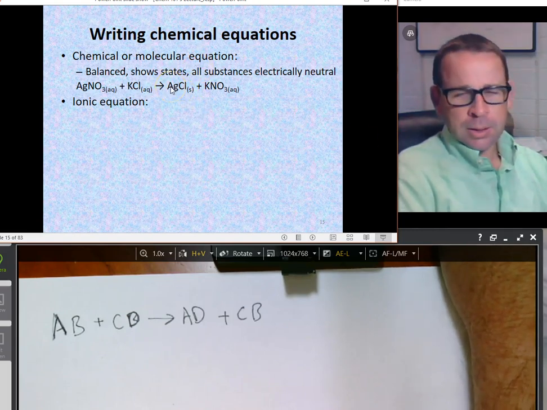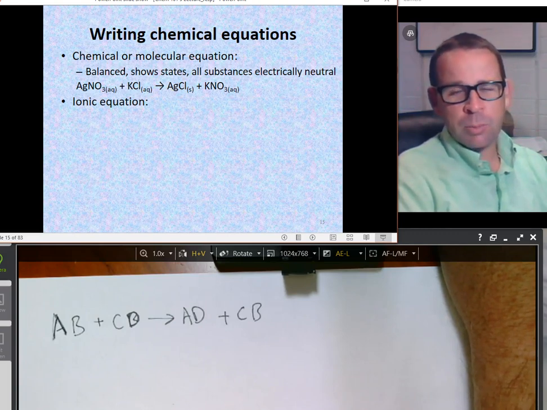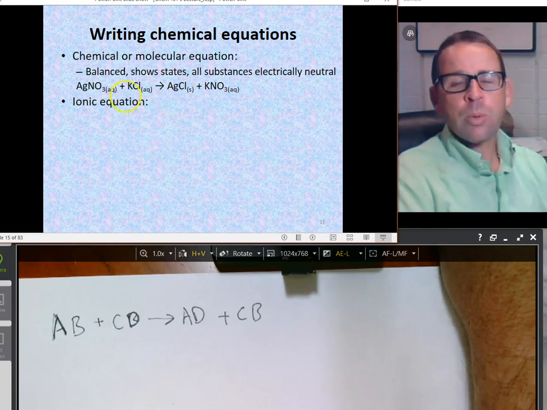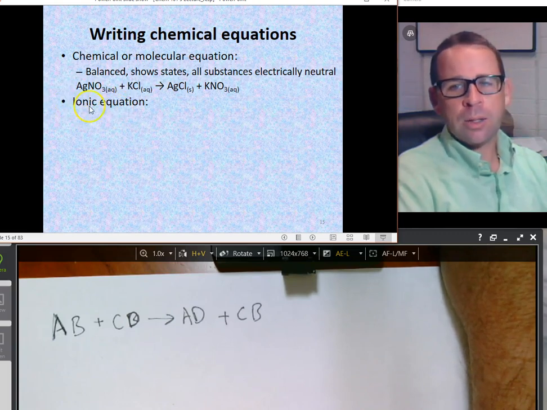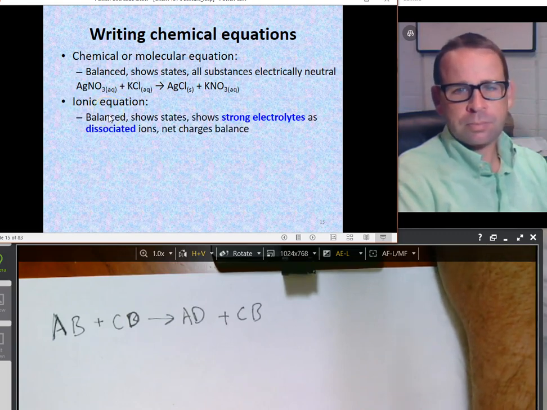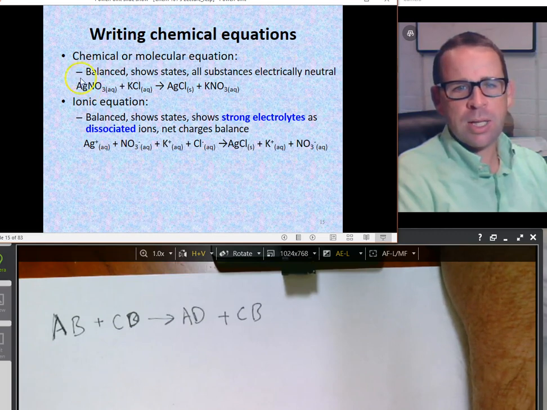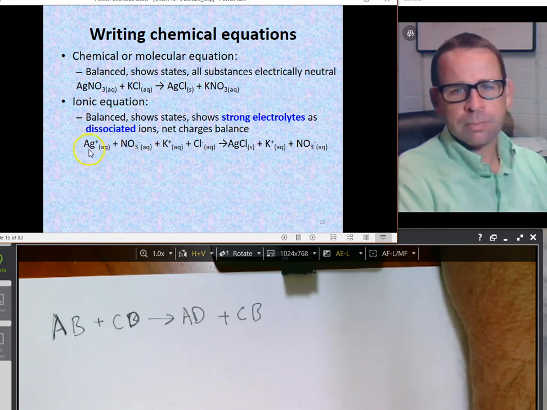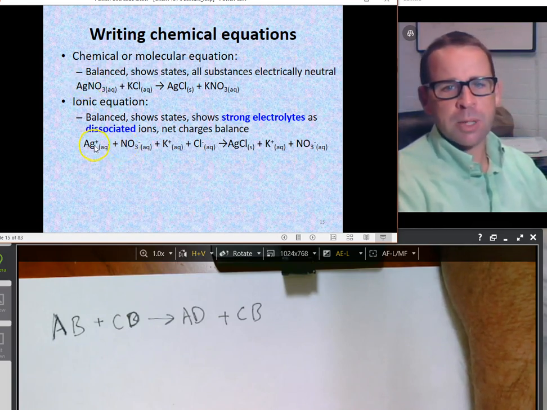All right? Now, in this chemical reaction, there's a little more occurring, and we want to become familiar with it and make sure you understand what's going on in this specific reaction. So we break this chemical reaction up into what we call an ionic equation. And the ionic equation is just taking these ionic compounds and breaking them up into the ions that they form when they're put into solution. Just like before, we were taking the ionic compounds, breaking them up into ions.